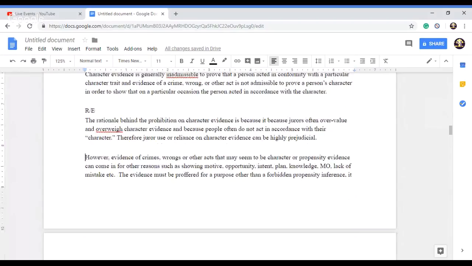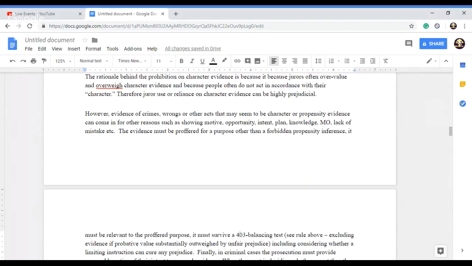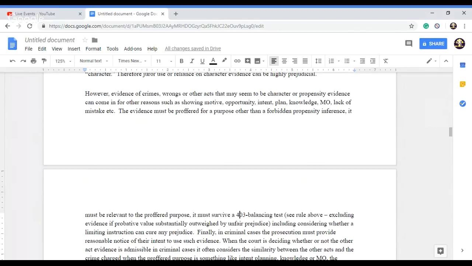Now, this next piece, let's read it together. However, evidence of crimes, wrongs, and other acts that may seem to be character or propensity evidence can come in for other reasons, such as providing motive, opportunity, plan. This evidence must be proffered for a purpose other than a forbidden propensity inference.